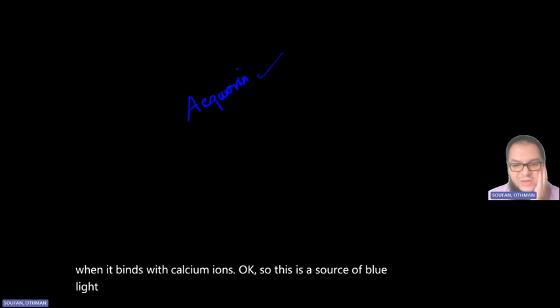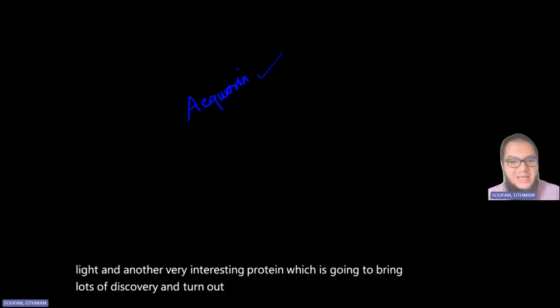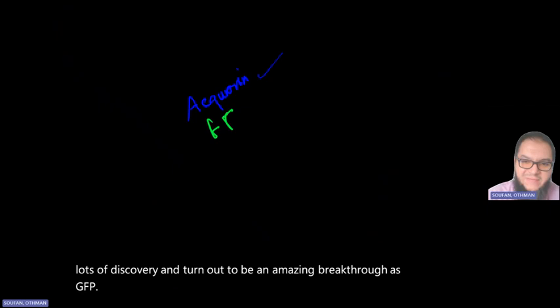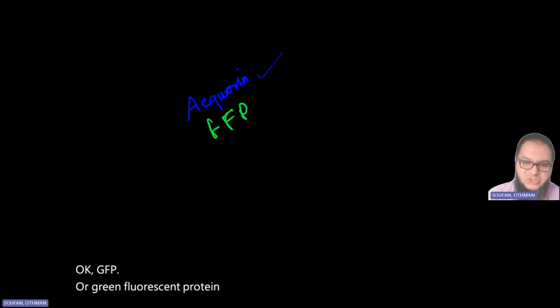And another very interesting protein, which is going to bring lots of discoveries and turn out to be an amazing breakthrough, is GFP, or green fluorescent protein. GFP for short.